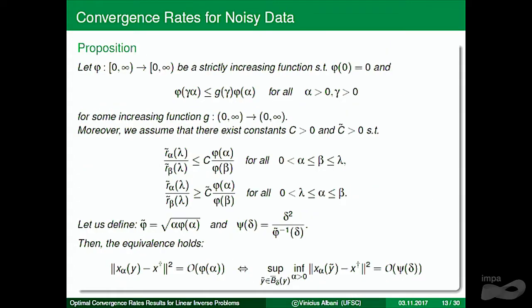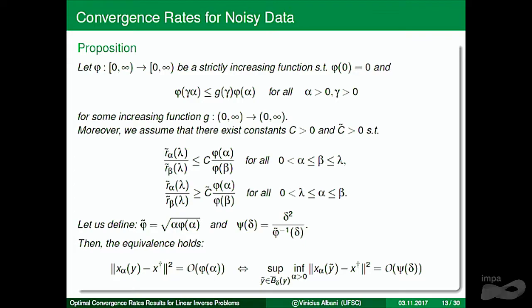In the case of noisy data, the problem is much more involved. We need more on the function phi. So phi must satisfy this condition with G some increasing function, and continuous, of course, and these two conditions. These are quite abstract conditions, but they appeared in the proof, so we needed to include this in the hypothesis.